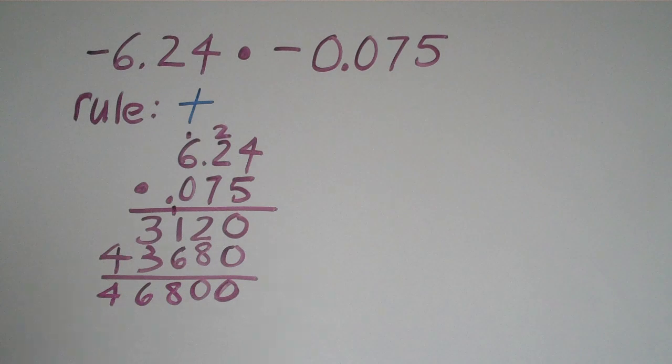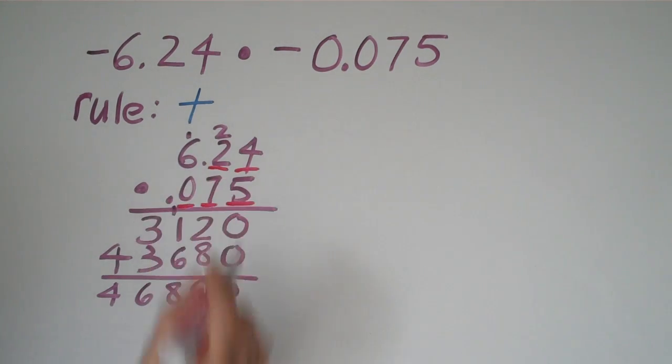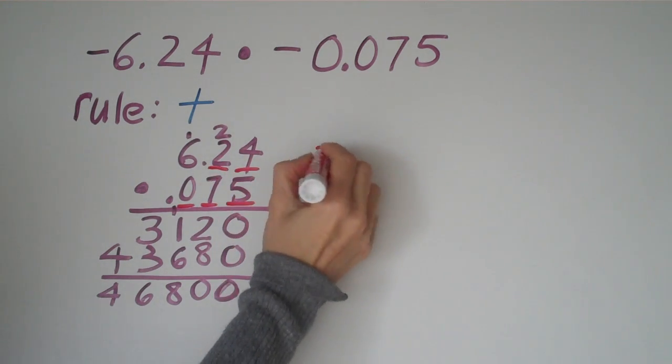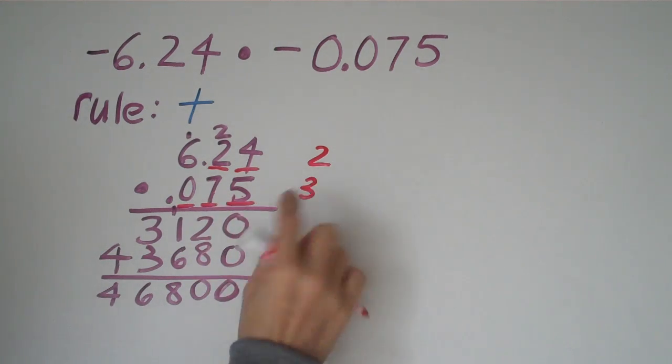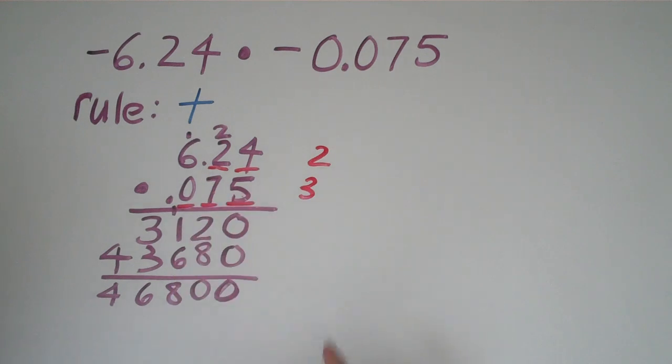So now I have my number, but I need to put in the decimal. And again, the way I do this is I'm going to count how many spaces there are on top. I see I have many more spaces than the last problem. I have 1, 2 here, and then I have 1, 2, 3. These are the total number of spaces to the right of the decimal. 1, 2, 3, 4, 5. So that means I have to start on the right and move over 1, 2, 3, 4, 5 and put in my decimal.